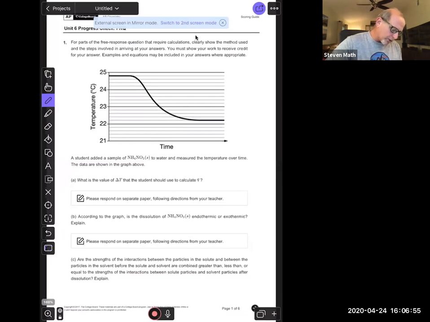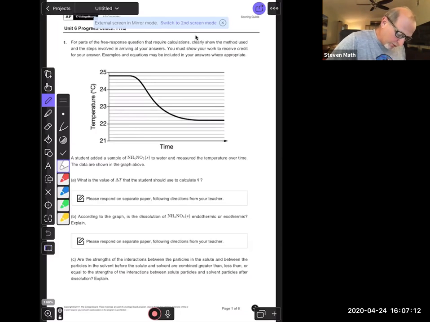They've given us what looks like a heat of solution curve, and in this case, the temperature looks to be dropping. The first question is really just read the graph for me. Well, if I'm reading this, it looks like my line here is at 22.2. We're starting up here at 24.8.